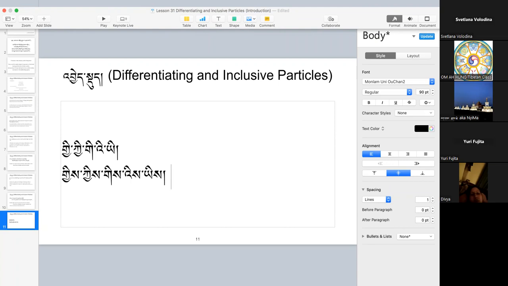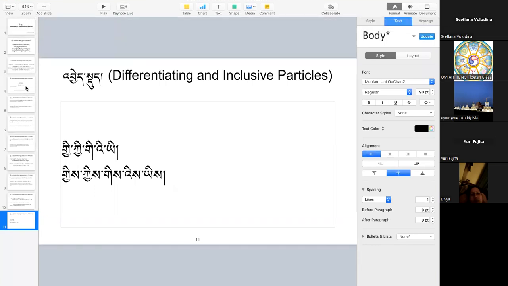In which case, we find that the particles not only differ in the usage case, but also when we write them. So therefore, we understand that in this case of differentiating and inclusive particles, the particles differ only in usage.